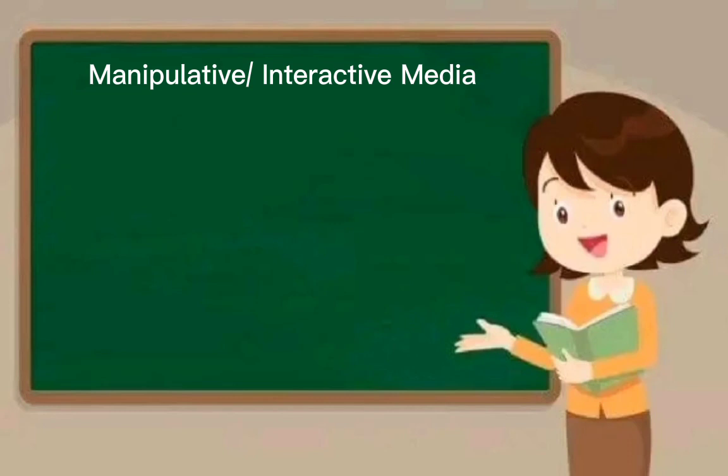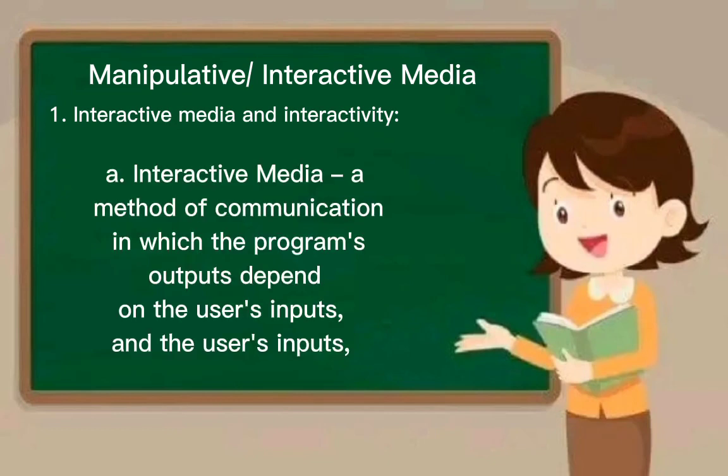Manipulative interactive media. First, interactive media and interactivity. A. Interactive media, a method of communication in which the program's outputs depend on the user's inputs, and the user's inputs, in turn, affect the program's outputs. Interactive media engage the user and interact with him or her in a way that non-interactive media do not.